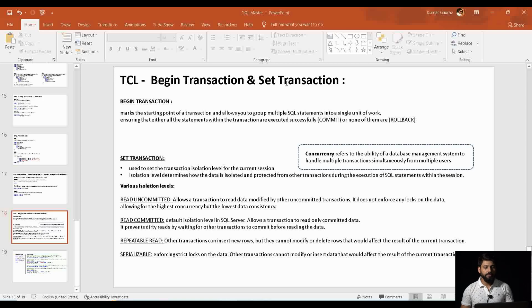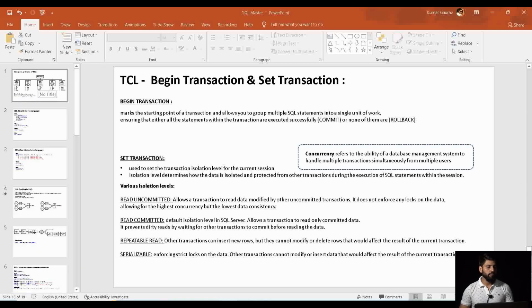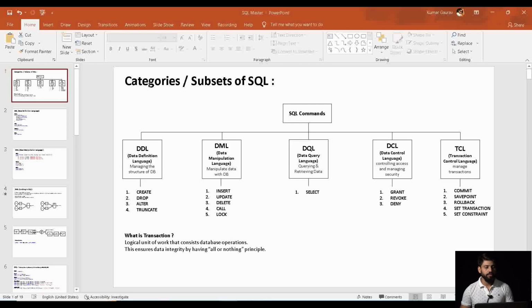Before moving ahead with this video, we'll see where begin transaction and set transaction came into the picture. So we will first move to the very first slide, in which we have categorized the whole of SQL into five categories: DDL, DML, DQL, DCL and TCL.